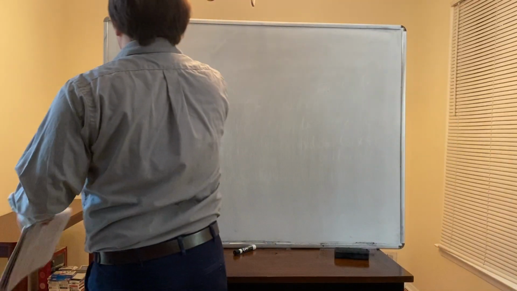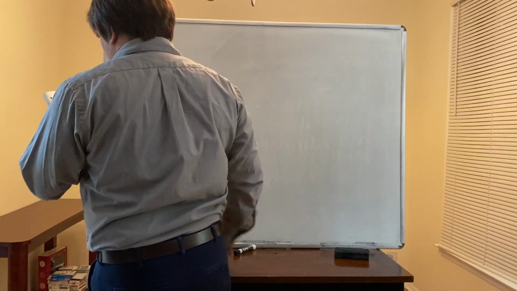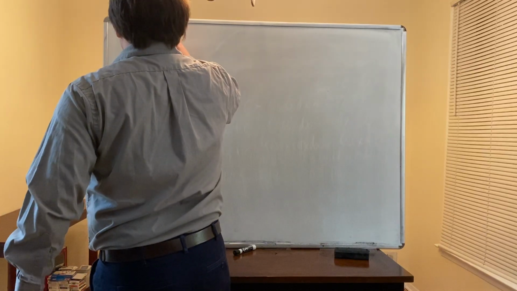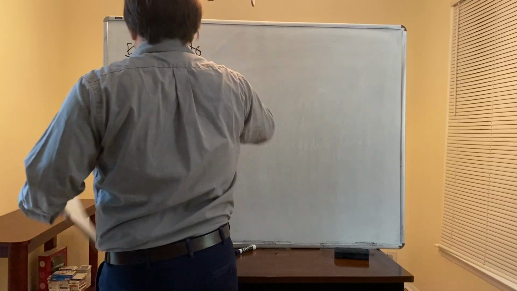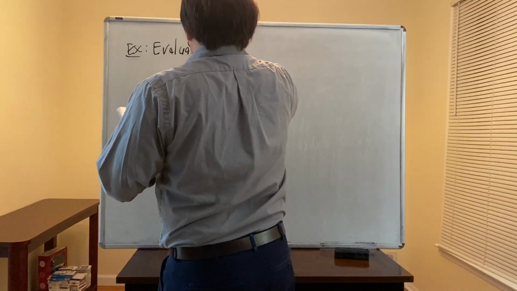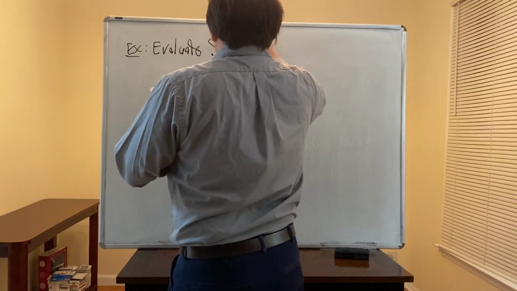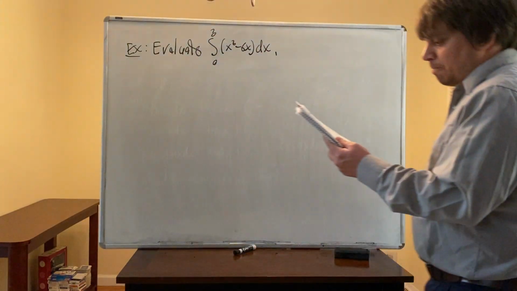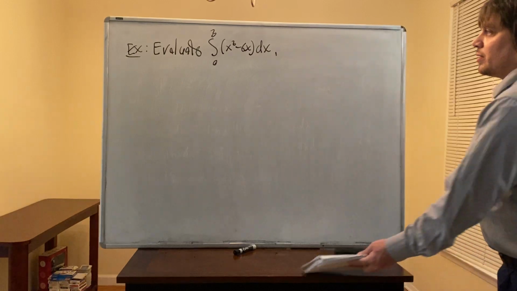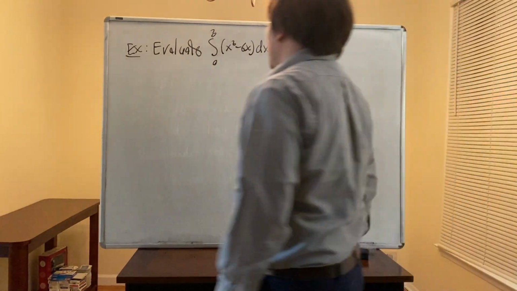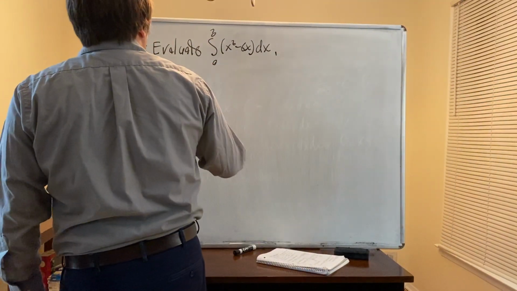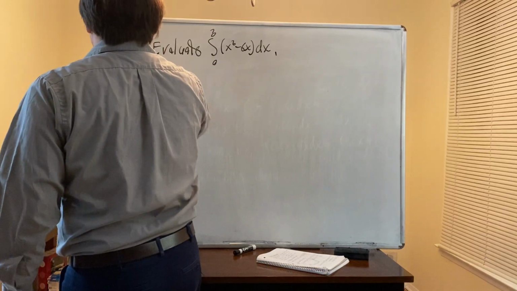Okay, evaluate the definite integral from 0 to 3 of x cubed minus 6x dx. Okay, so let's evaluate that. Let's use the evaluation theorem, the properties of the definite integral.